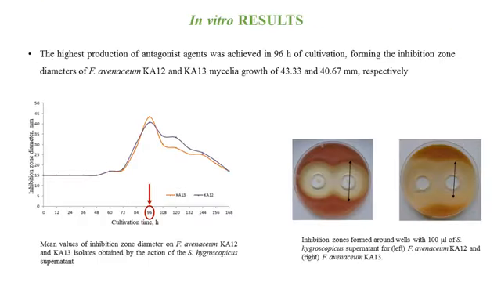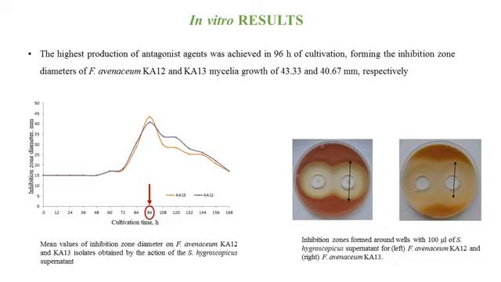In vitro results. The graph on the left represents the mean value of mycelial growth inhibition zone diameter of two Fusarium avenaceum isolates caused by Streptomyces hygroscopicus supernatant during 7 days of cultivation on medium containing glycerol. An inhibition zone diameter over 22 millimeters indicates that the applied antifungal agent is potentially highly efficient. From the obtained results, it can be concluded that impressive antifungal activity was achieved after the third day of Streptomyces hygroscopicus cultivation under defined conditions.